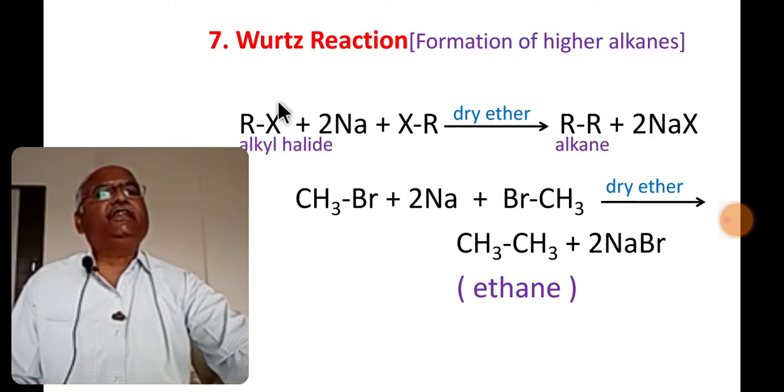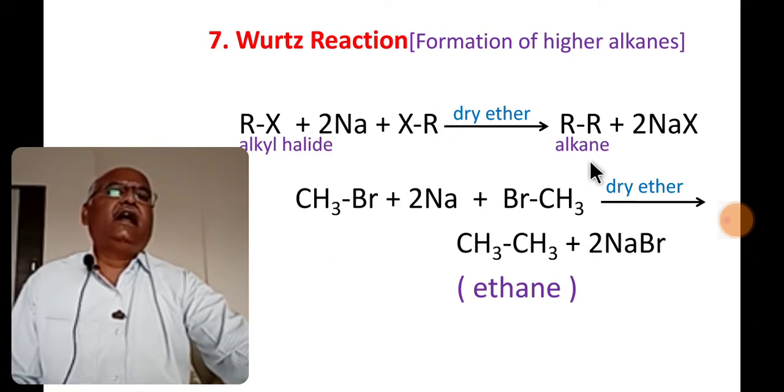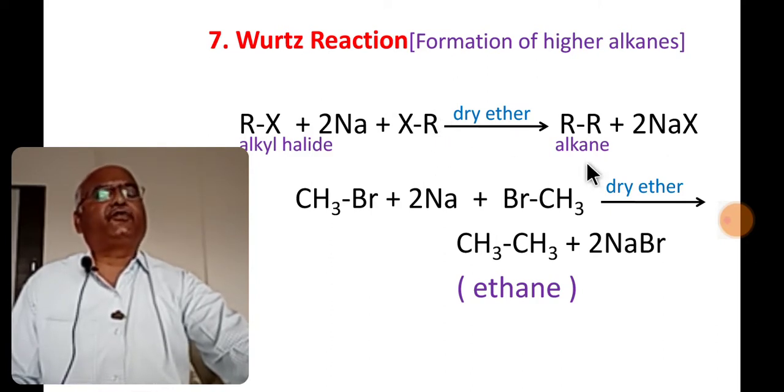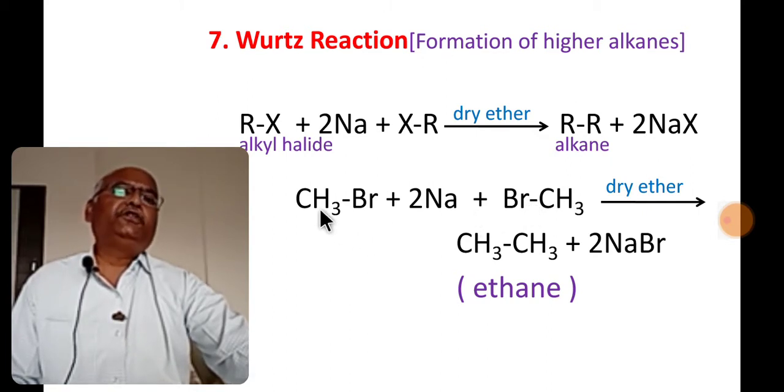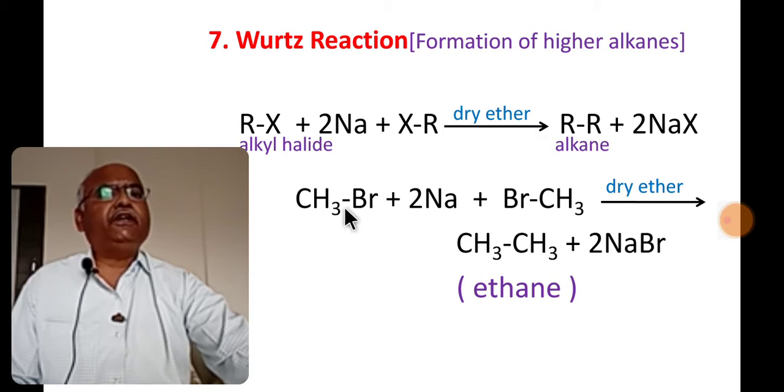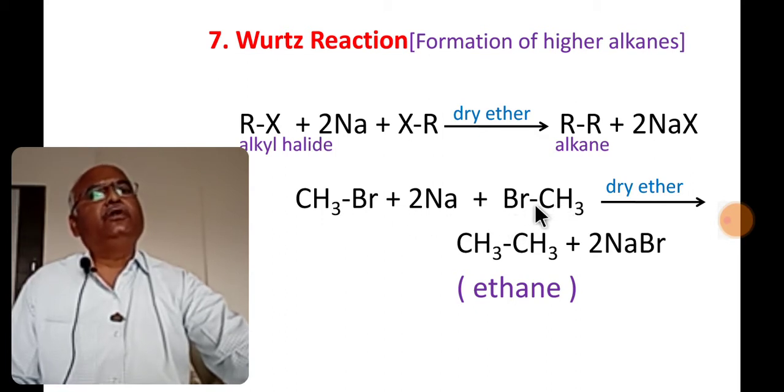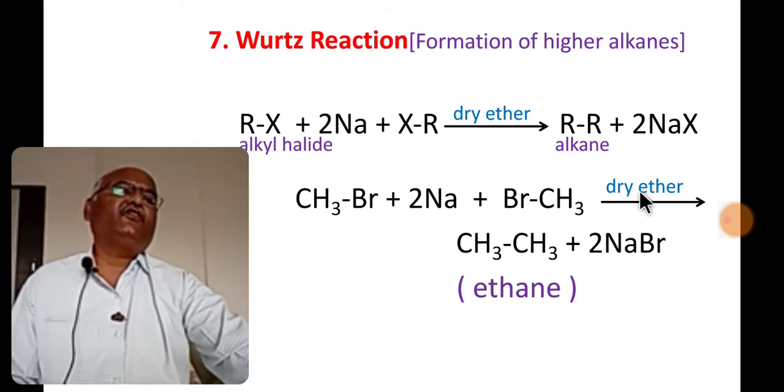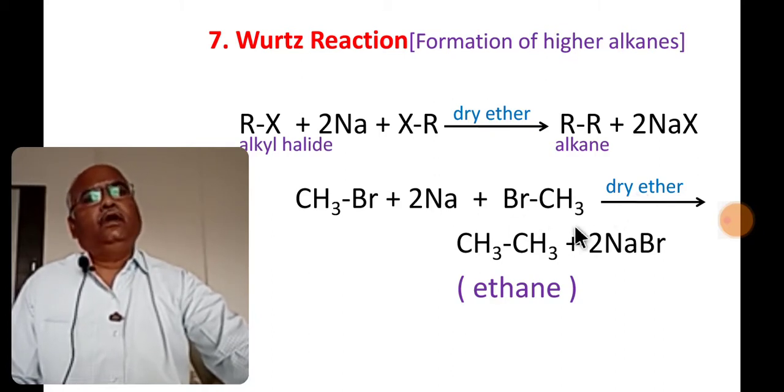The halogen atom is replaced by alkyl group and higher alkane is produced. Take a specific example, methyl bromide, one molecule and second molecule are treated with sodium metal in presence of dry ether.